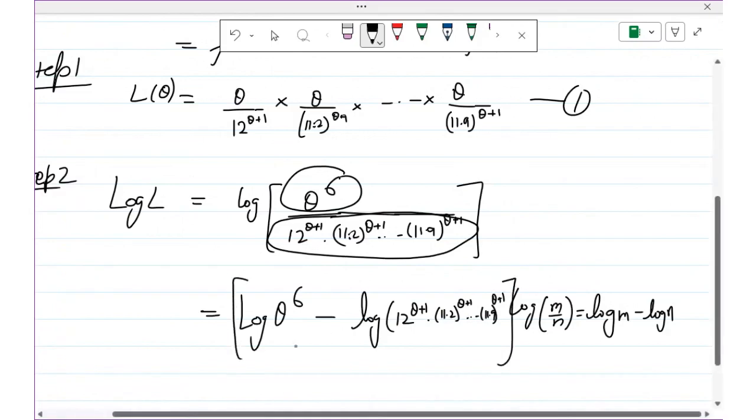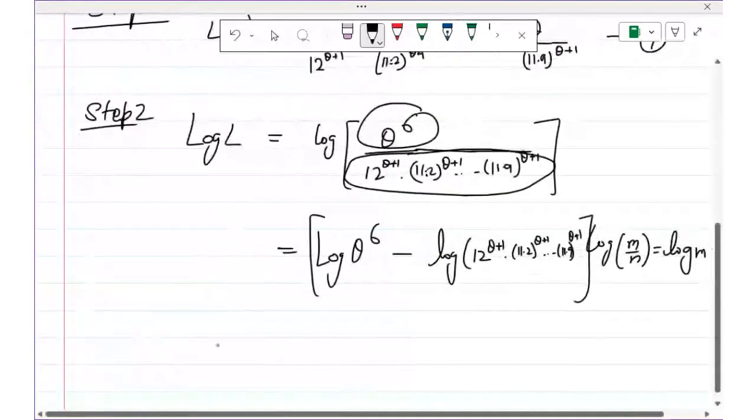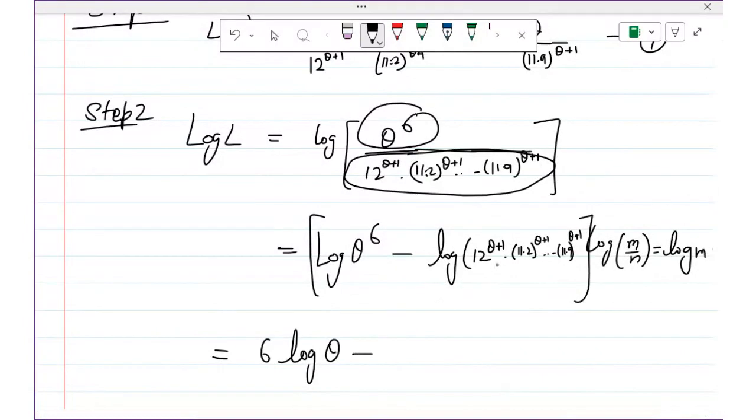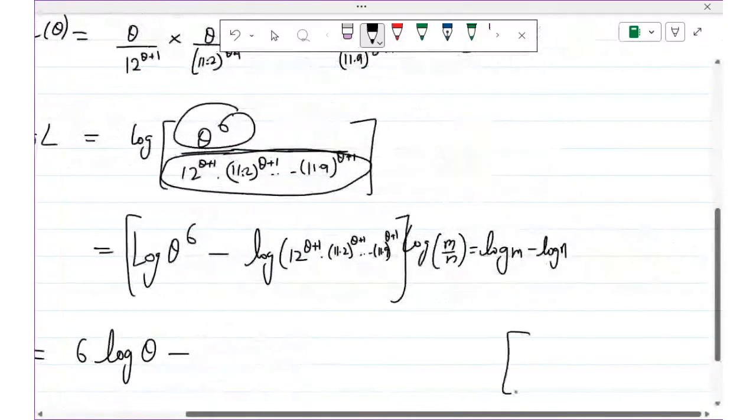Now again, we will apply the properties of log. The first property I'm going to apply is log of m power n, so first the 6 will come in the front. So 6 log of theta. Whatever properties I am applying, I want to write here. One I applied is log m power n, that is n log m.